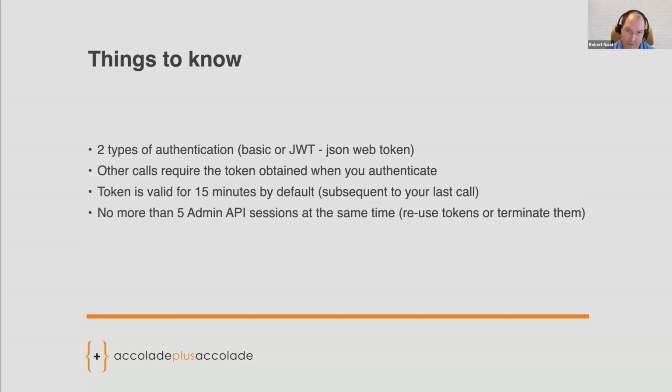So if you were to do a call to the API every 30 seconds on that token, you could literally stretch the token to be used for hours at a time. But if you were to make a call and then wait 16 minutes after that, then that token would no longer be valid. You would need to re-authenticate to get a new token.